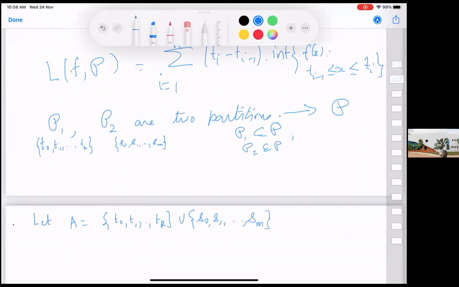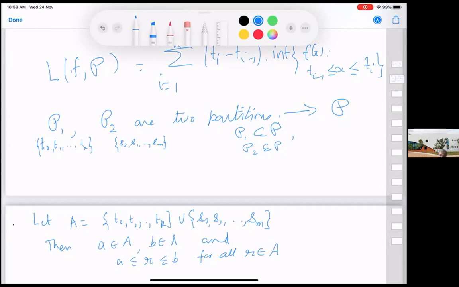So let A be this, then because every element is either one of the T's or one of the S's, and each of these satisfies the condition that the first one was A, last one was B, and everything in between was in between.